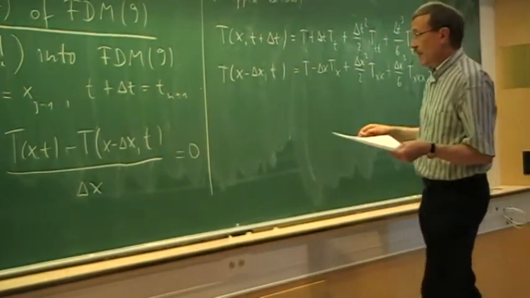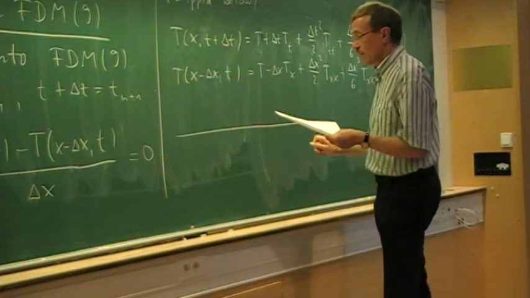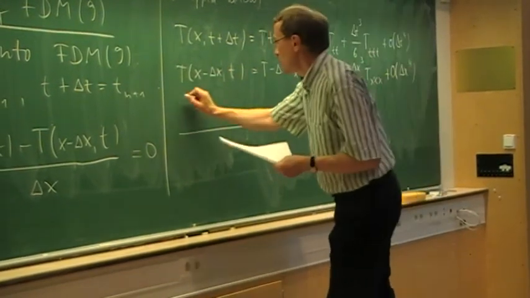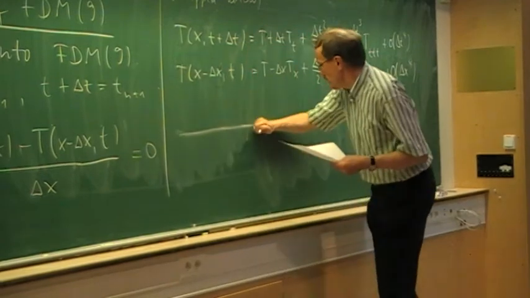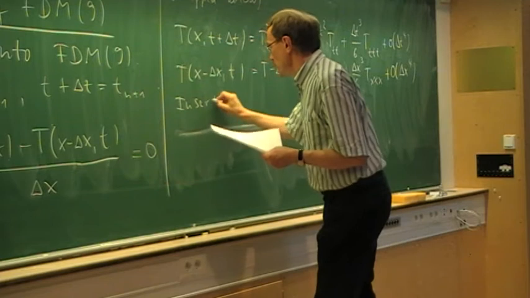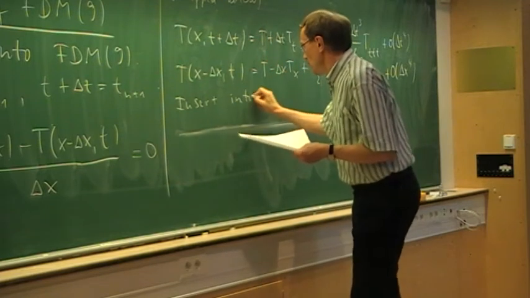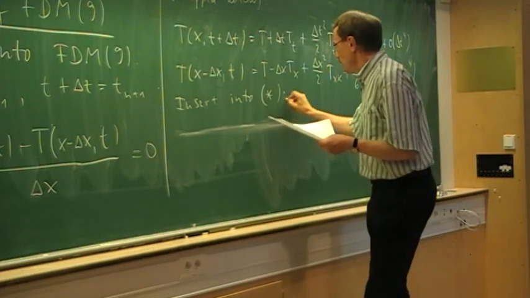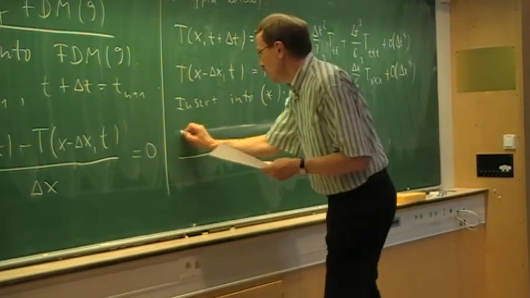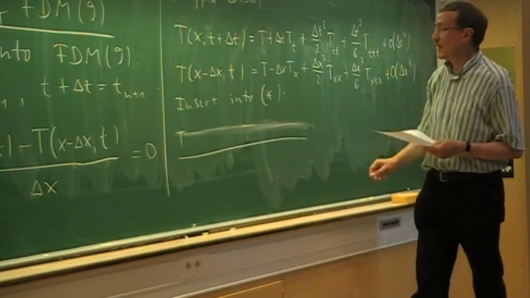So if we do that, then we get the following. First we insert what we have here into star. Insert the Taylor expansions into equation star. And then on the left, we get t of x plus delta t.